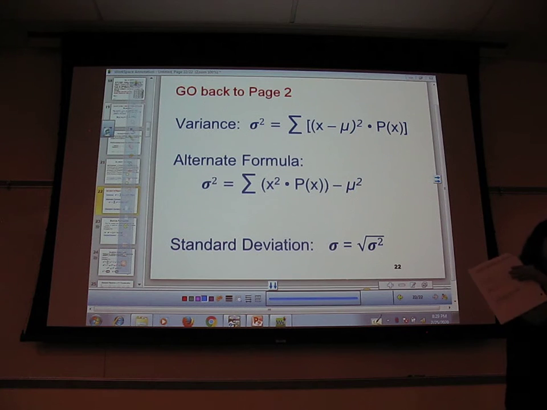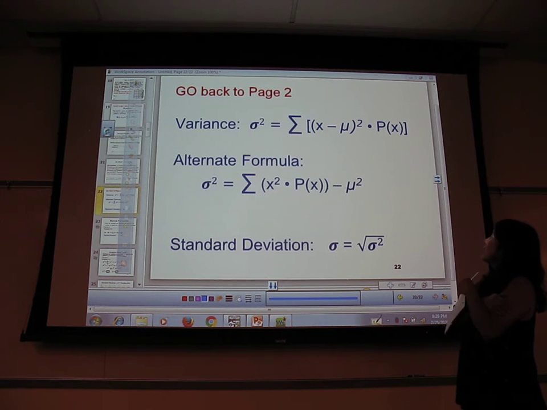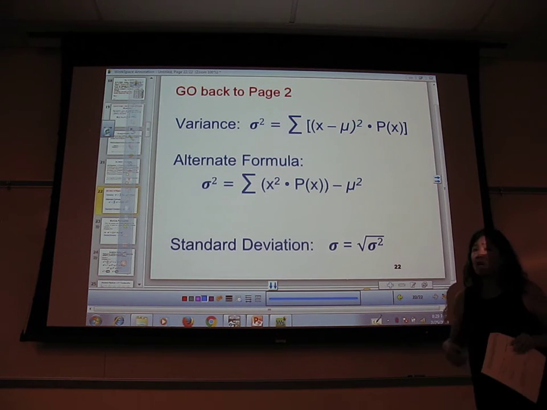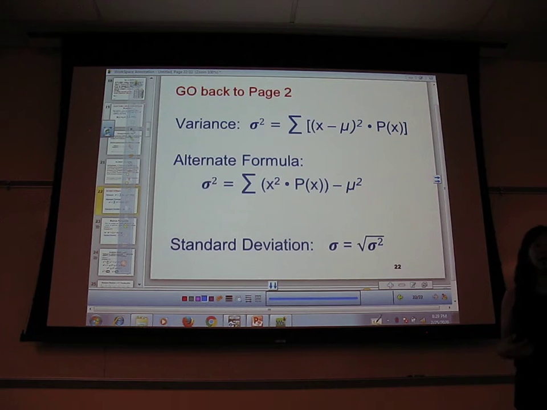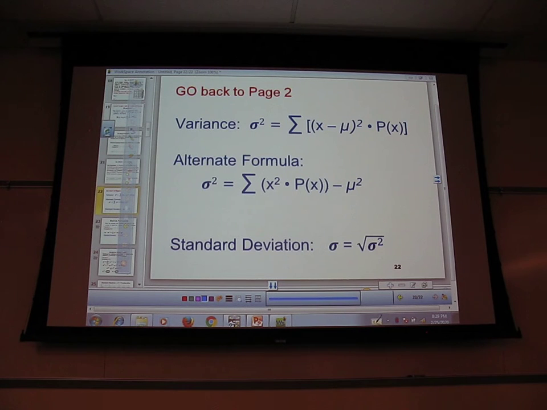The variance. Remember, variance is sigma squared, the lowercase sigma. Sigma squared is the sum of every x value minus the mean, squared, multiplied by its weight, its probability. However, that is a giant bear. Why? Because the mean is nearly always going to be a decimal. So you take a whole number minus a decimal, you get a decimal.